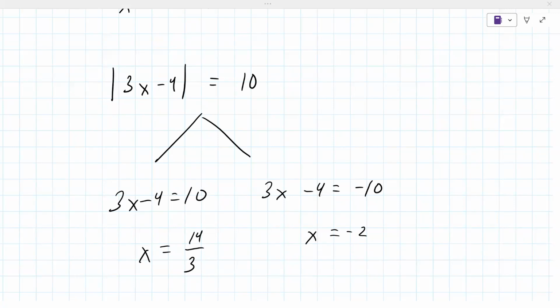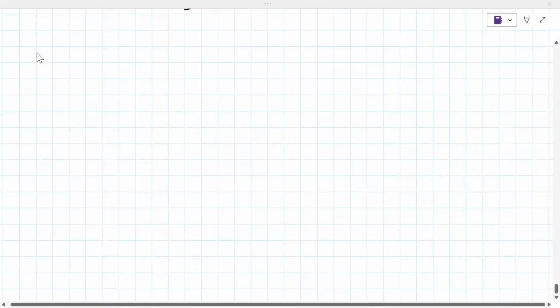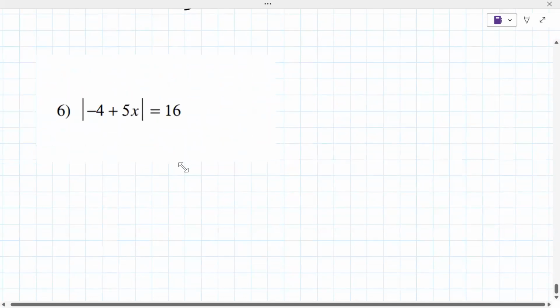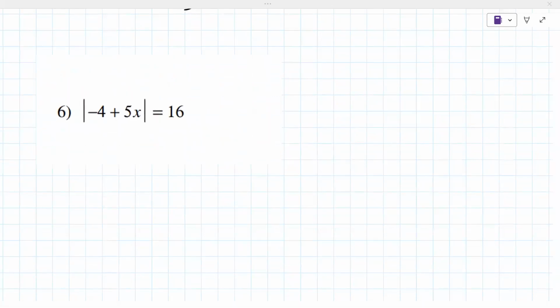So here's one for you to try on your own. And you can see it comes back a lot to just solving two-step equations or multi-step equations. Yep, and I split it, so I'd get 4 plus 5x equals 16 and 4 minus 5x equals 16.